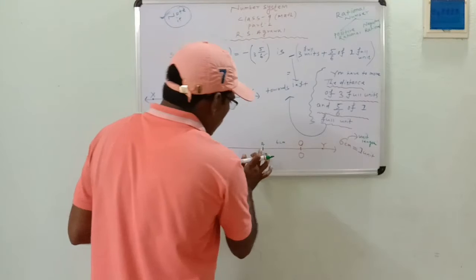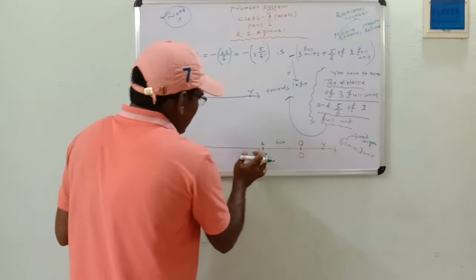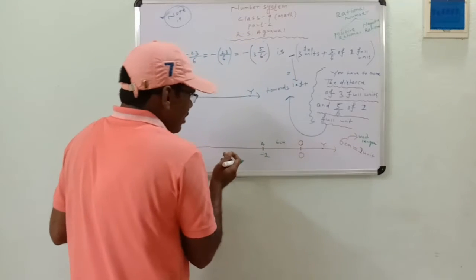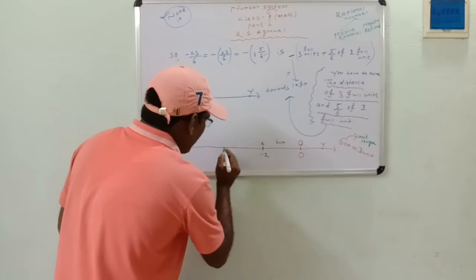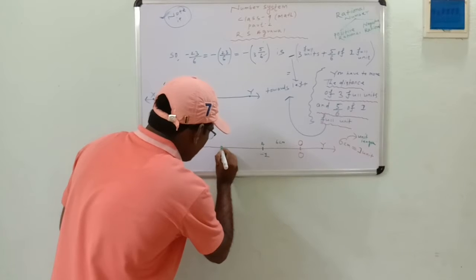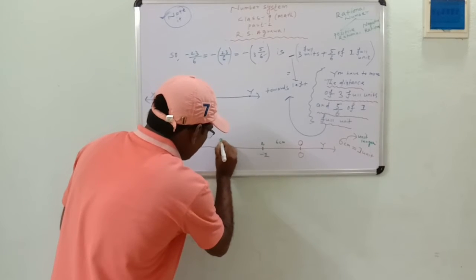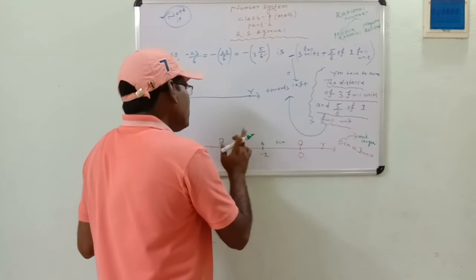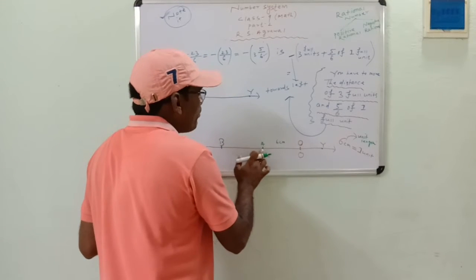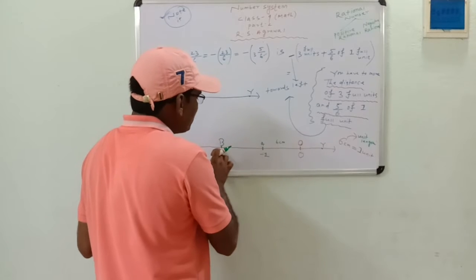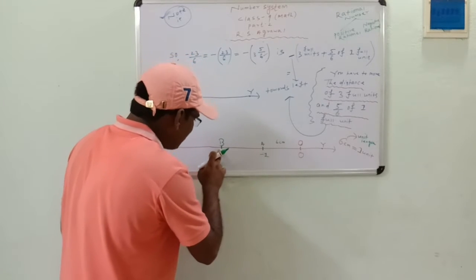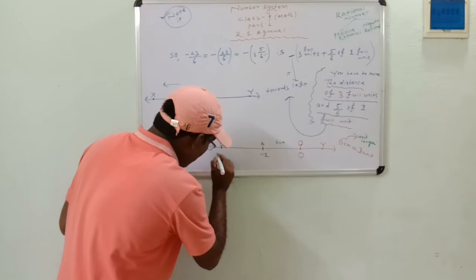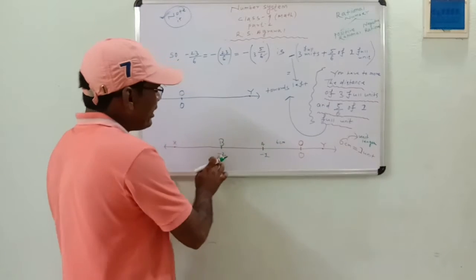Similarly, from point A at 6 cm distance, take another point, that is B, and it will represent the rational number minus 2 or integer minus 2.